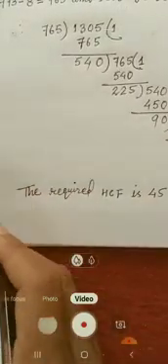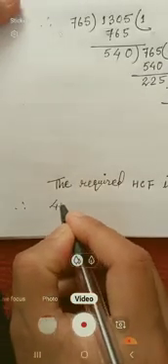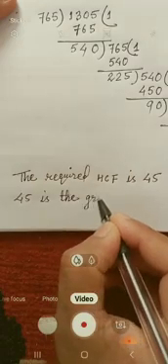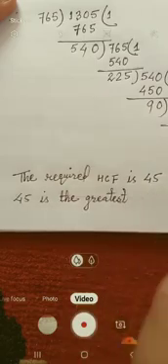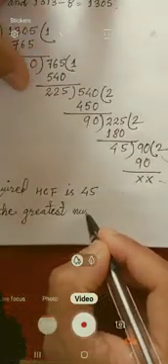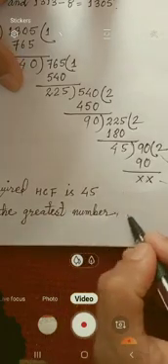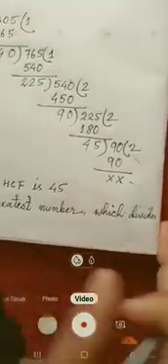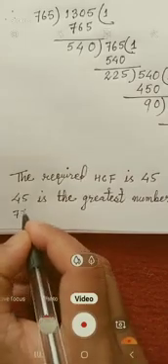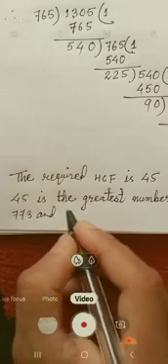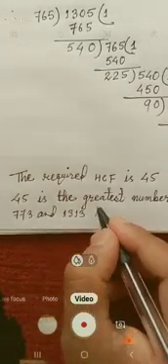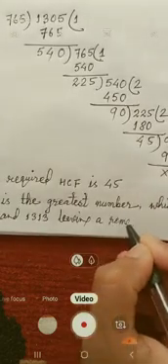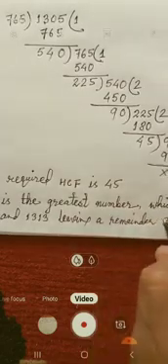Therefore, at last we can write: 45 is the greatest number which divides 773 and 1313, leaving a remainder 8.